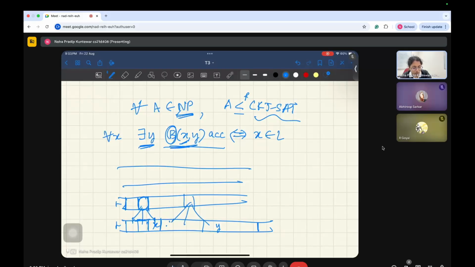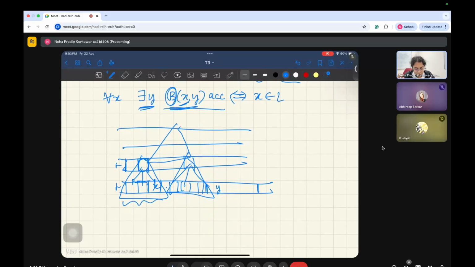This is true for all of them, and the idea was that I can implement each of these using a circuit. If the tape alphabet is of size k, then think of each cell as log k bits. So this is a function that takes 3 log k bits and gives me what I should write here, which is again log k bits.